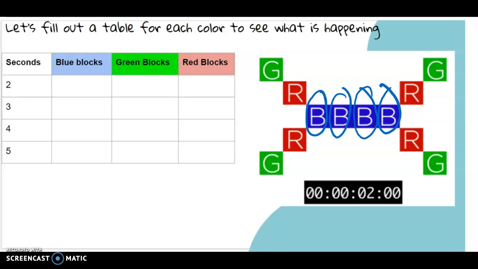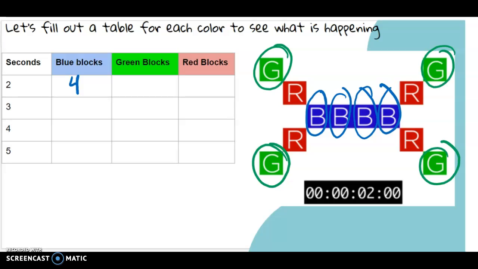So where it says blue box, I'm going to put 4. For my green boxes, I had 1, 2, 3, 4 in each corner. And for red, I had 1, 2, 3, and 4 as well. So at 2 seconds, I had a total of 4 of each block.